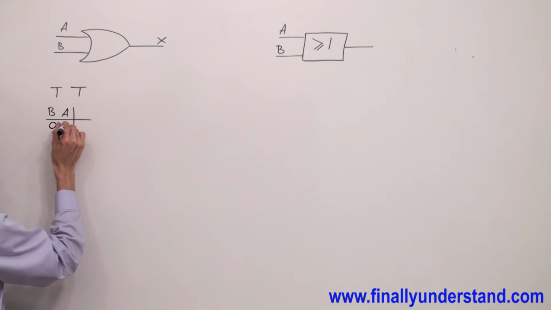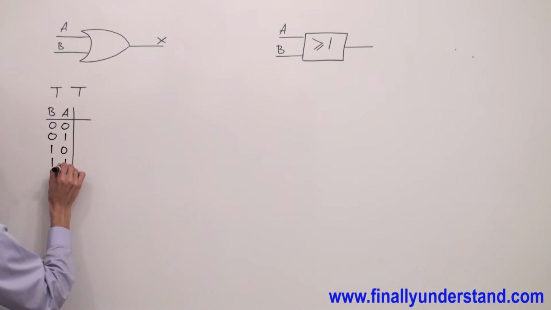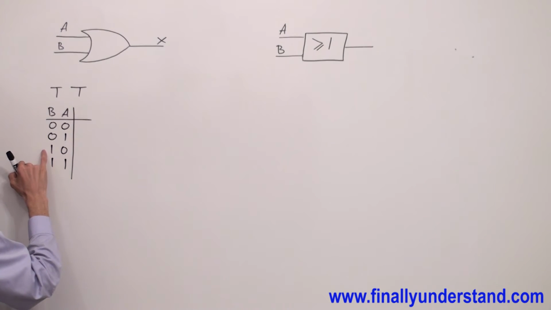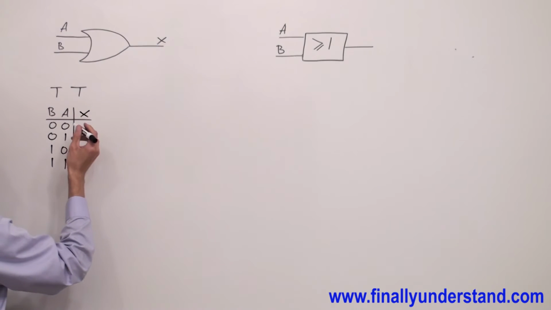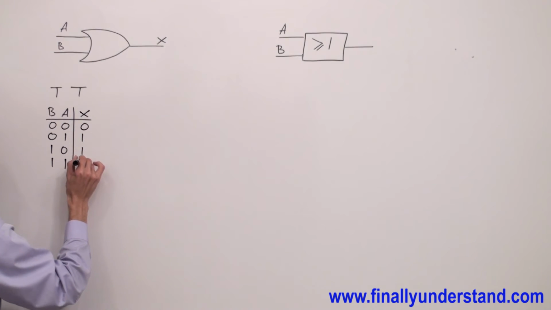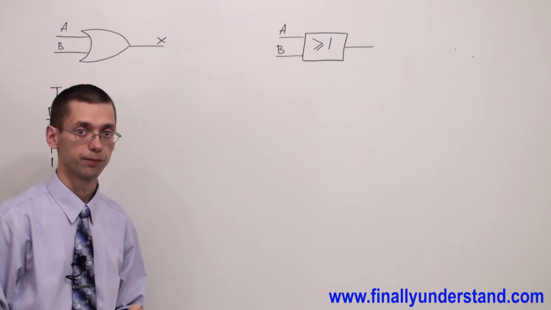So I have 0 0, 0 1, 1 0, 1 1. Keep in mind this is binary 0, this is binary 1, this is binary 2, this is binary 3. And this is my output. Output is going to look like this: 0, 1, 1, 1. So anytime we have 1 at the input, output is going to be 1.